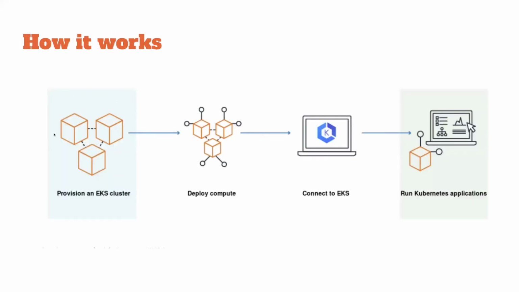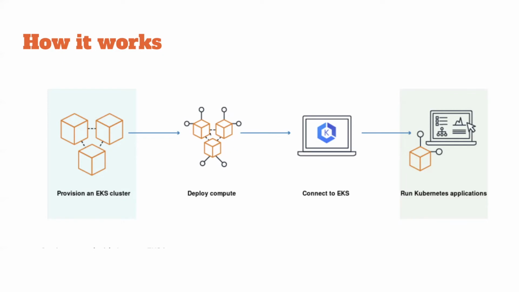You provision your EKS, you deploy your compute, and your compute, guys, is what we mean by those instances. When they say compute, they mean those instances that you create. Just like ECS, you have instances, but the difference is that instances in ECS have containerd, while these ones have kubelet.